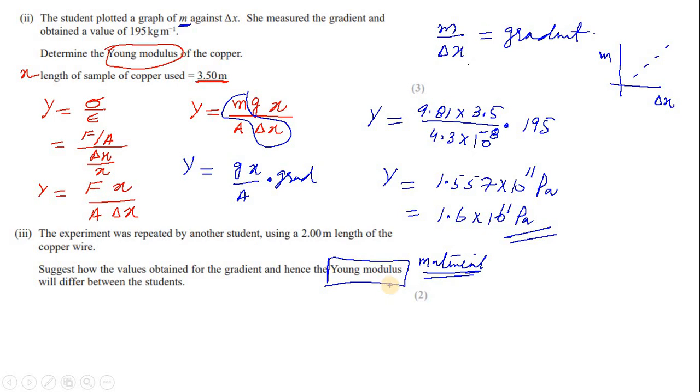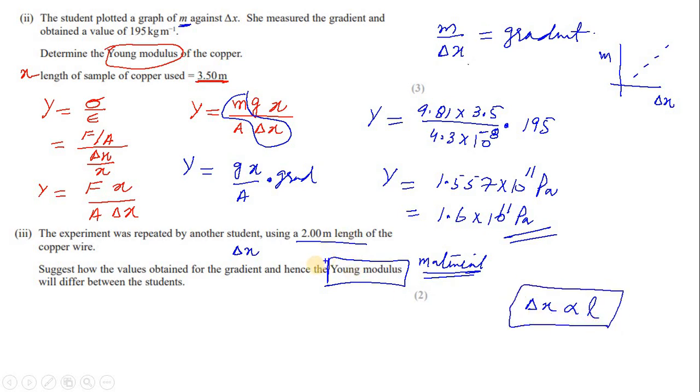If you're not changing the material, it doesn't matter how long the sample you choose. So the only effect of the original length is on the extension, because how much extension there will be depends on how long the sample is initially. So Δx is proportional to the length.